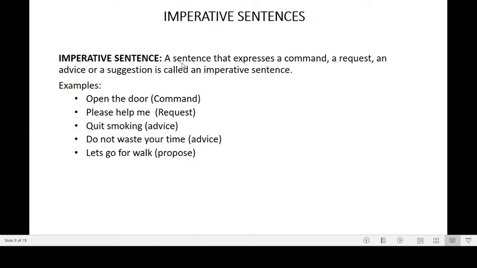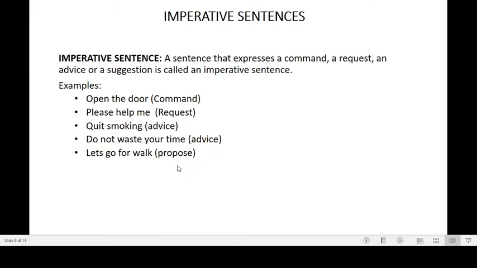An imperative sentence is a statement that expresses a command or request, an advice or a suggestion. For example, "Open the door." It is expressing a command. "Please help me." This statement is expressing a request. "Quit smoking." It is expressing advice. And "Do not waste your time."